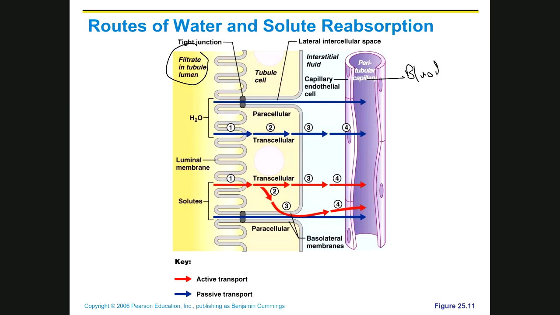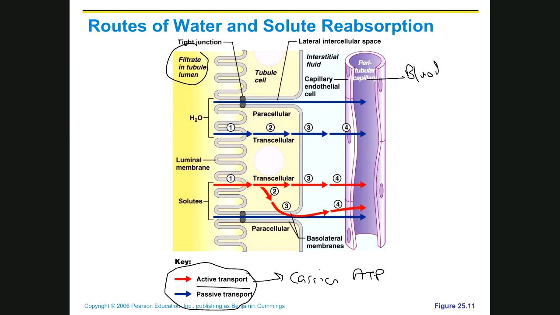Well, it can happen different ways. It can happen by active transport. When we do active transport, we need a carrier, and we also have to use ATP. But because it's active transport, remember, we can move up a gradient. But it can also be passive.